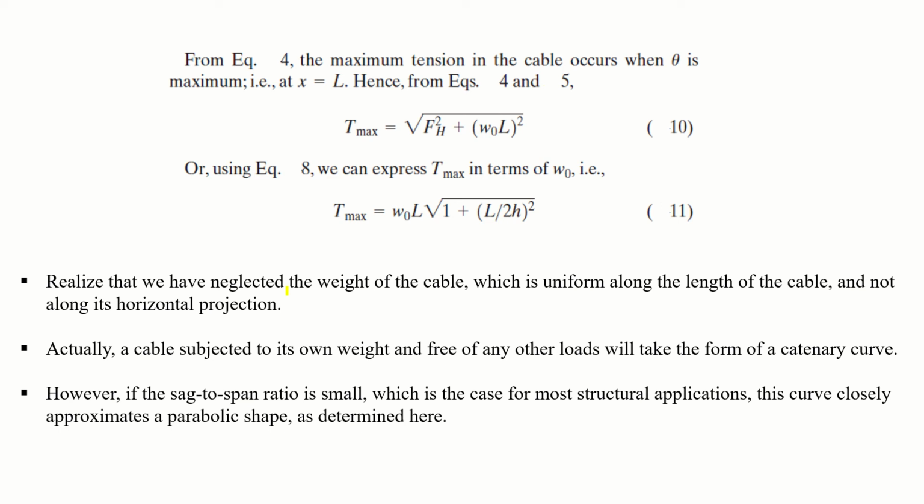Now realize that we have neglected the weight of the cable in this analysis, which is uniform along the length of the cable and not along its horizontal projection. The weight of the cable is uniform along its length, and the length is, as you know, parabolic, right, like this. But the load that we have considered, the UDL, its horizontal projection is uniform.